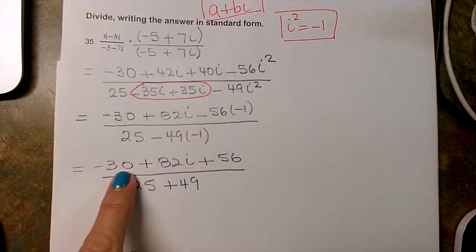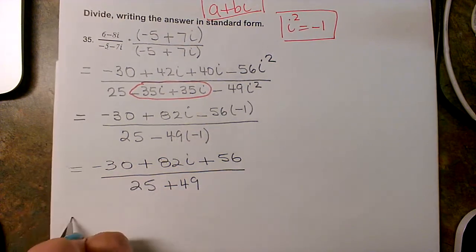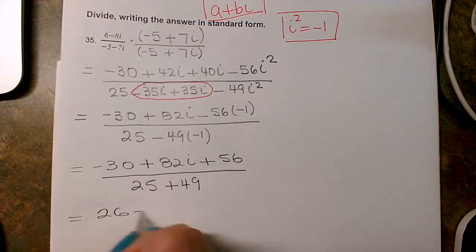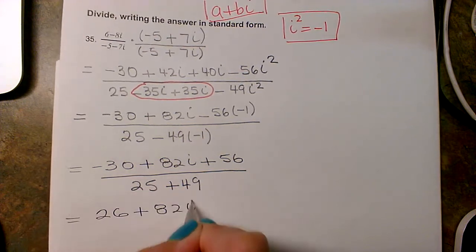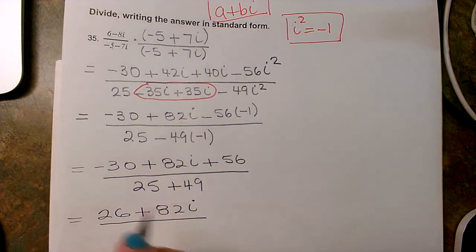So let me combine negative 30 plus 56. That will be positive 26. 25 plus 49, that's 74.